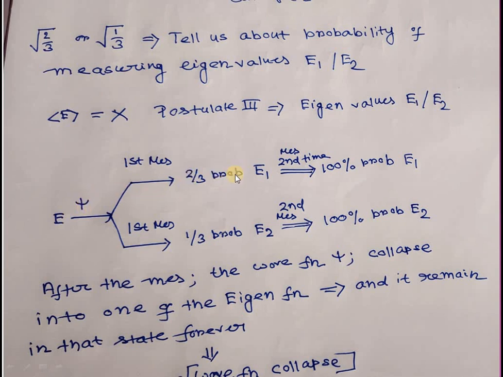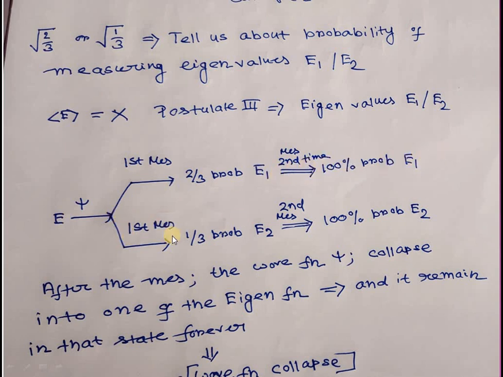So after the first measurement, if we do a second measurement, you will only get the eigenvalues, either E1 or E2, and each time you will obtain the same value. If we measure for the first time and obtain the value E1, then however many times you measure, you will only get E1.